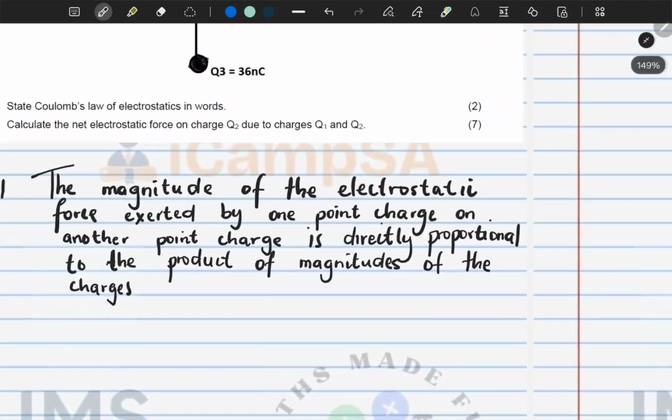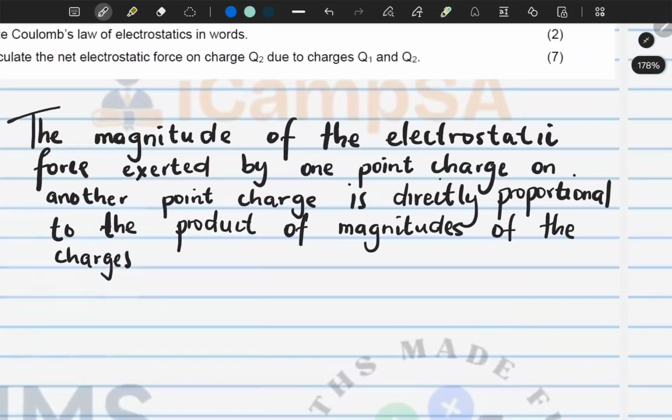It's just the way I'm writing my words, or rather, the size of my screen. And inversely proportional to r squared.